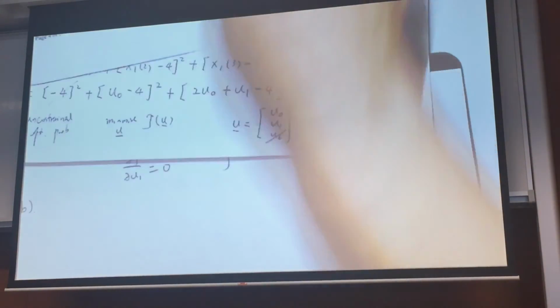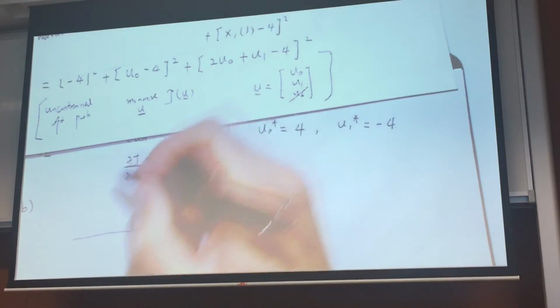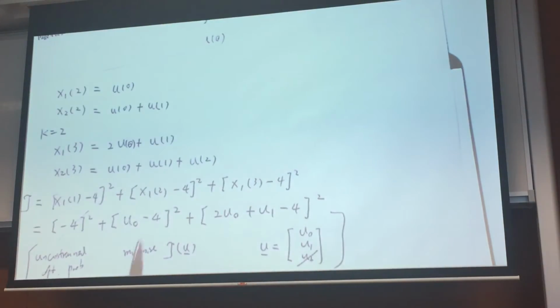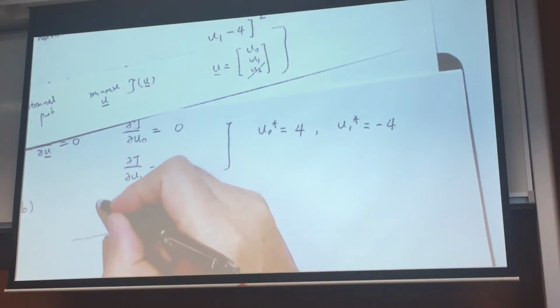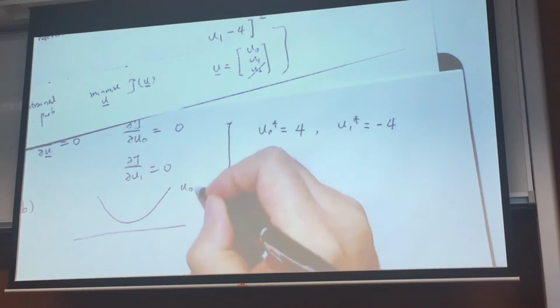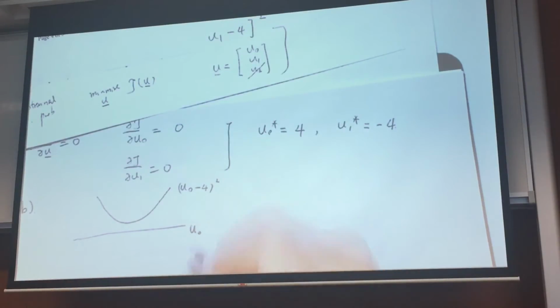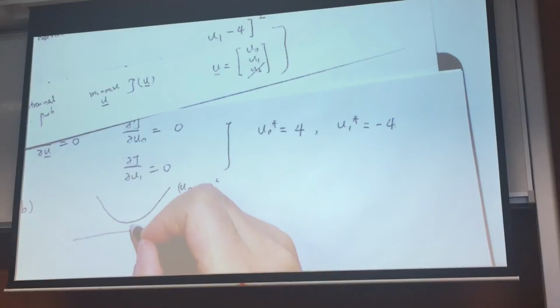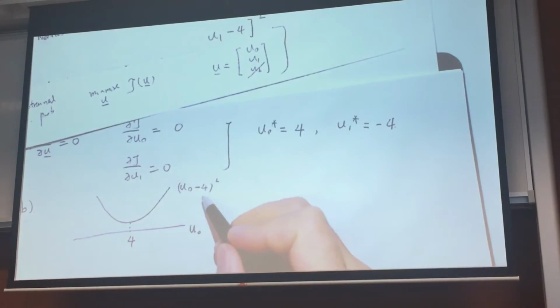For the square item, if you plot one of the items, for example u0 minus 4 squared, in terms of u0, it will be something like this. The minimizing point is given by 4, corresponding to 0.